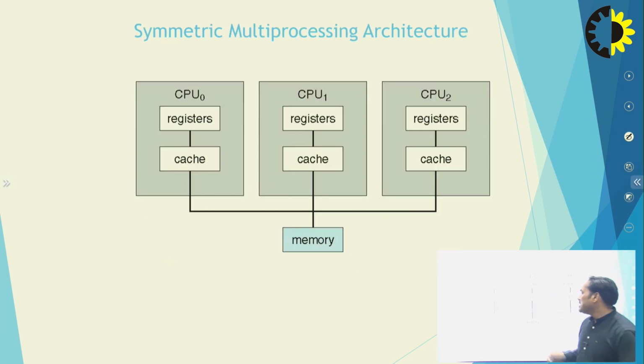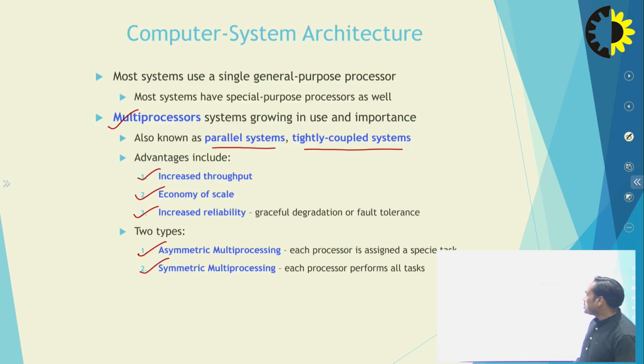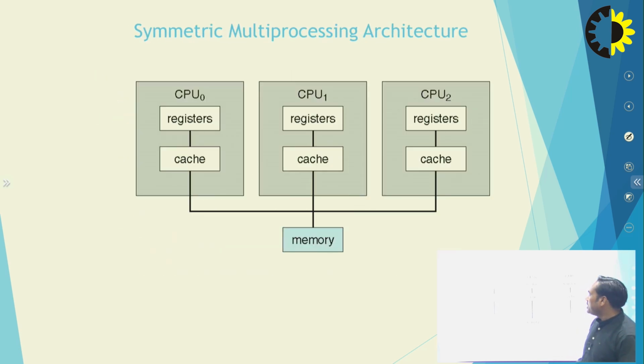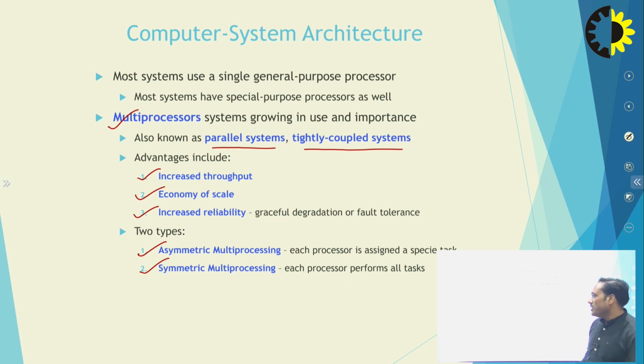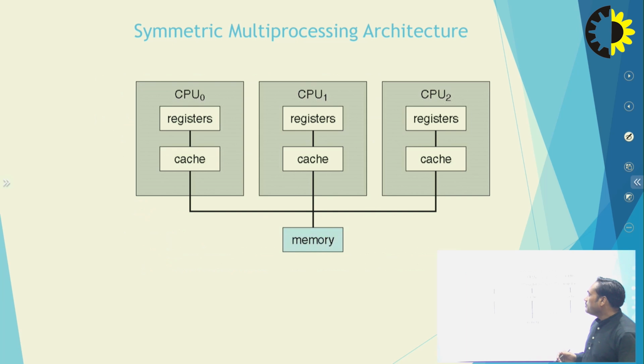So this is the diagram where we explain the symmetric multiprocessor architecture. As in the previous point, each processor performs all tasks at the same time. So here are CPU 0, CPU 1 and CPU 2.